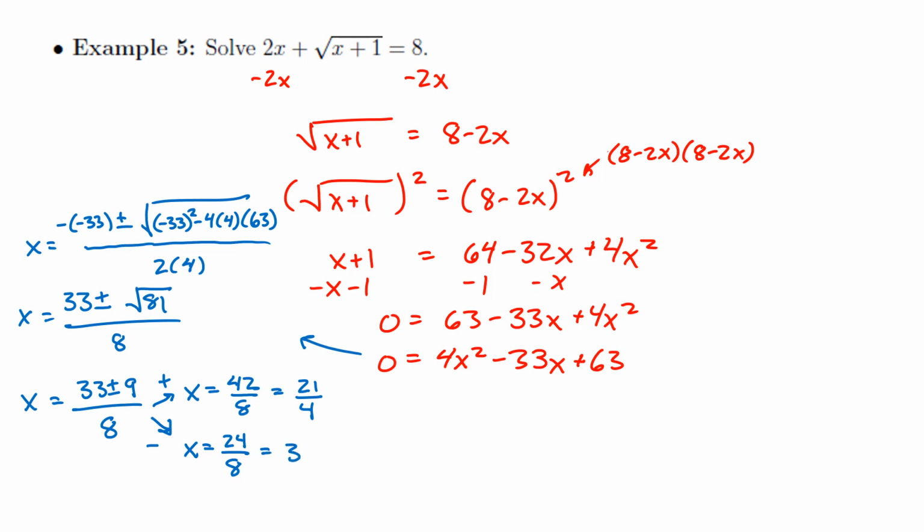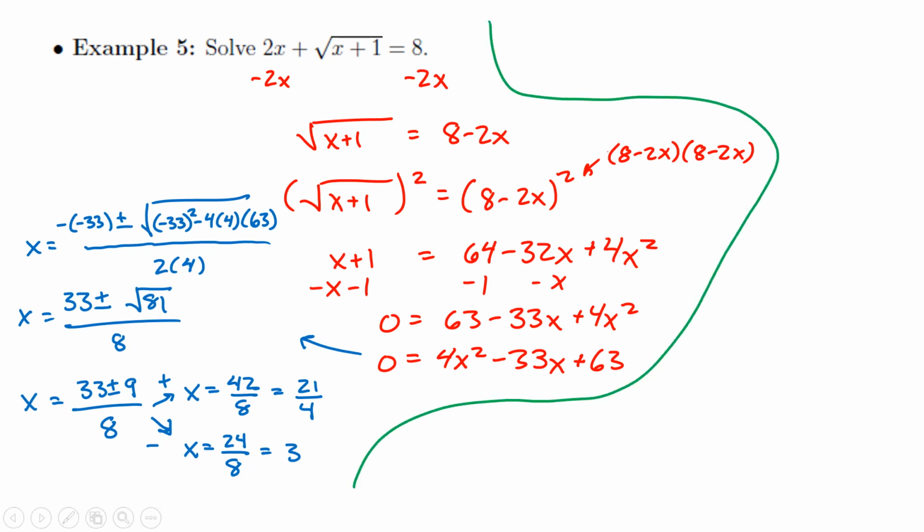Okay, so with all that, we do still need to check our work. And forgive me for not leaving a ton of room here, but let's go ahead and check. So I'm going to wall this off here. We'll check, 3 is easier, right? So let's start with that. We'll check x equals 3.